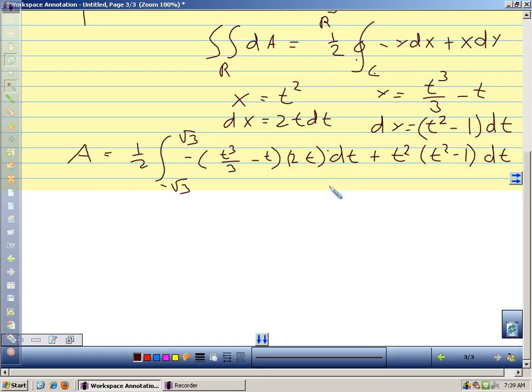When we evaluate this, we end up with 1/15 times 3 to the 5 halves, which is approximately 1.039. So we turned that complicated double integral into a relatively easy single integral using Green's theorem.